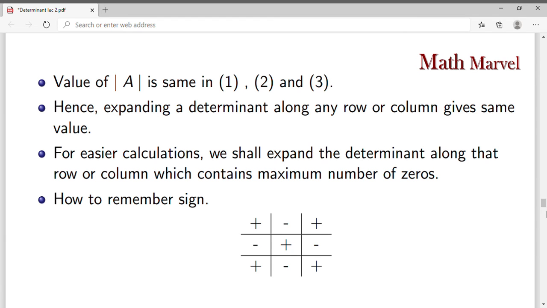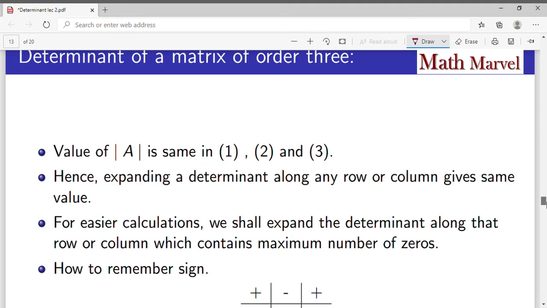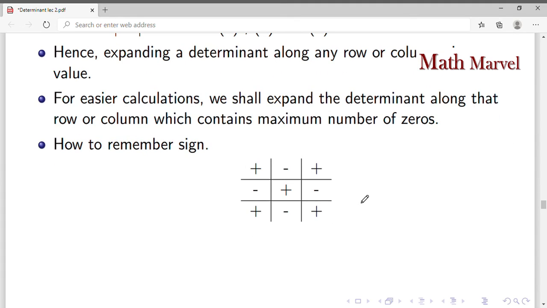Now here what we do? Here we write the sign minus 1 raised to 1 plus 1, here minus 1 raised to 2 plus 1, according to the location of the element. But if you don't want to write this, how can you remember? This one is a 3 by 3 determinant.